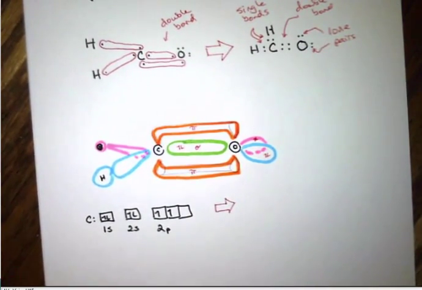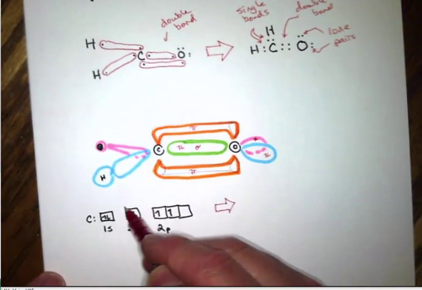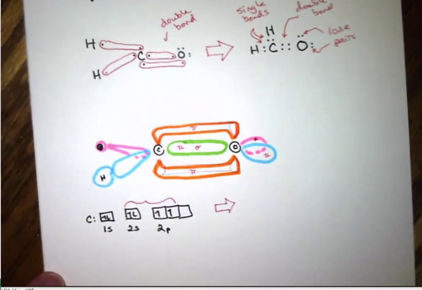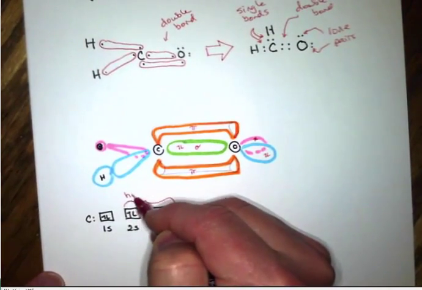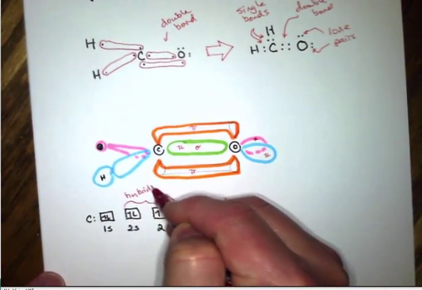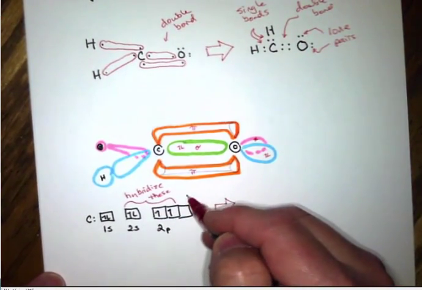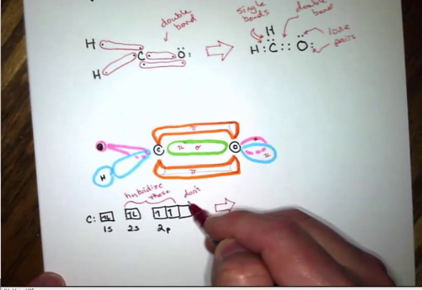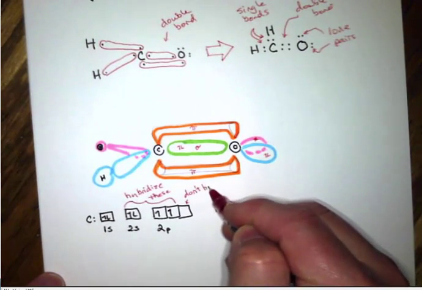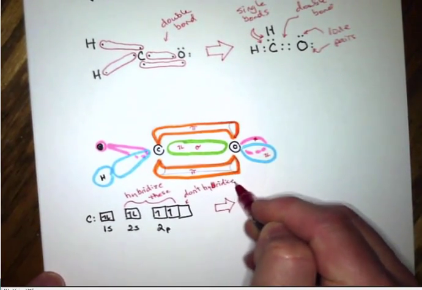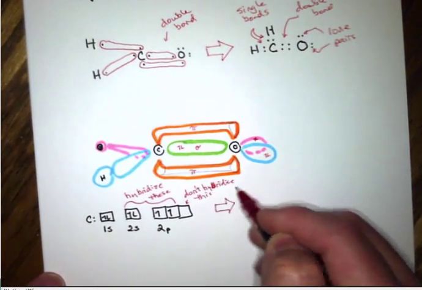This time, we're only going to hybridize three orbitals, these three right here. And you don't hybridize this p orbital here.